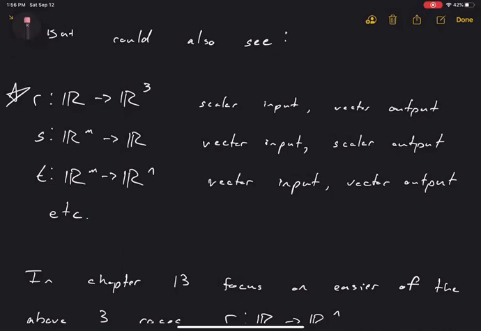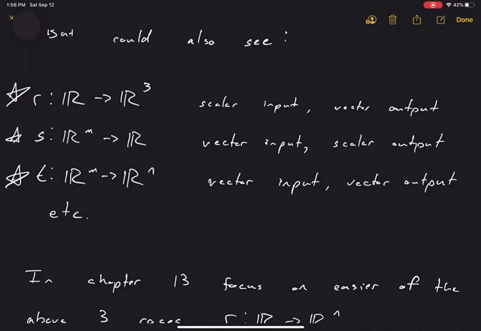Now we could also see the reverse of that, where I have a function s from Rm to R, meaning my input is a vector in some m-dimensional space, and my output is just a real number. And then maybe the most general way to deal with functions is when I'm starting with a vector or a point in m-dimensional space, and my function sends it to a point in n-dimensional space.